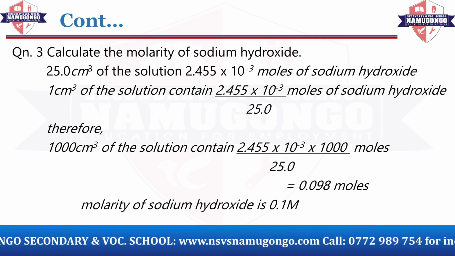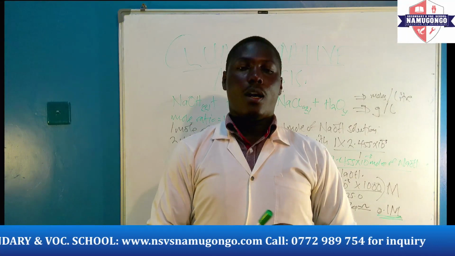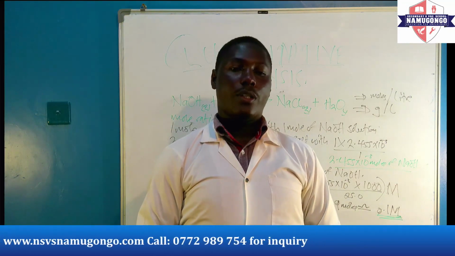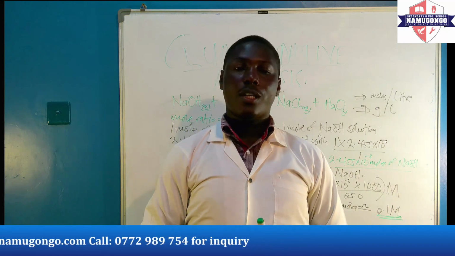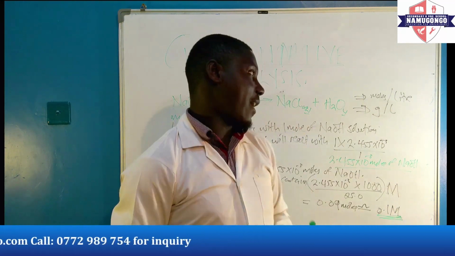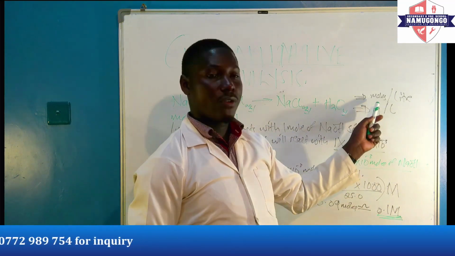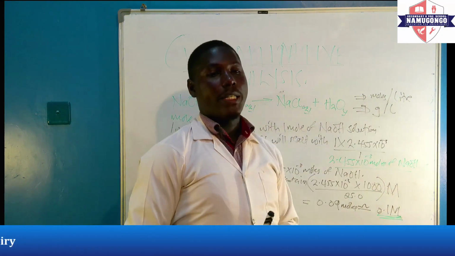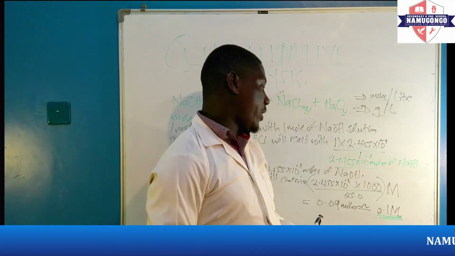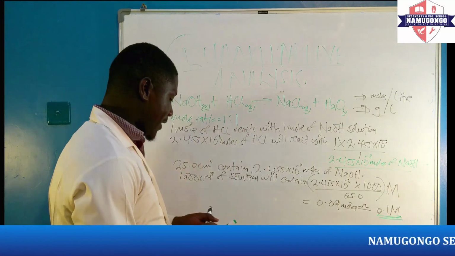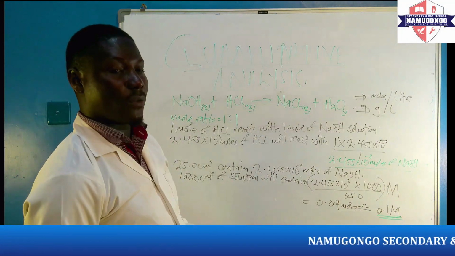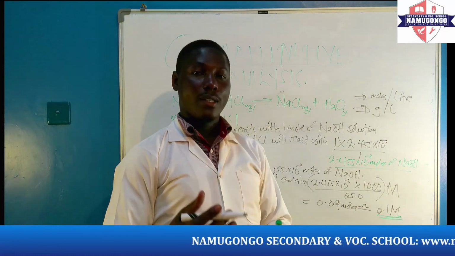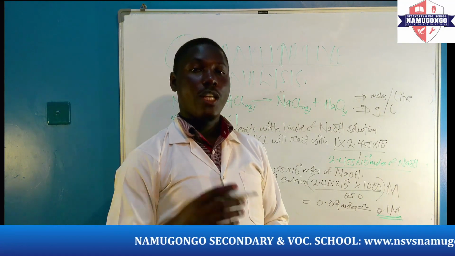In our next slide, we find out the concentration now in grams per liter. Remember, I've told you concentration can be in moles per liter or grams per liter. Now, what we shall do is to first get RFM. As we know from our theory, we get RFM by adding the atomic masses of the different elements within a compound.